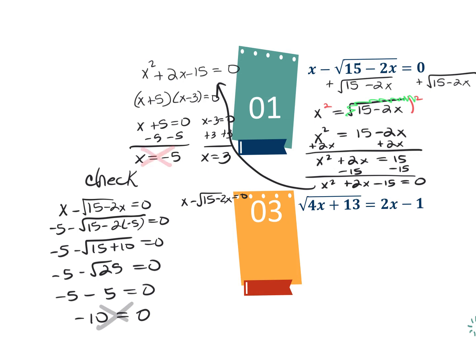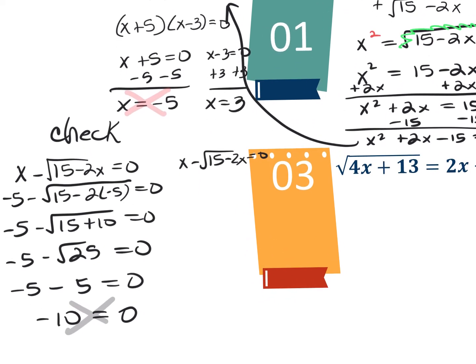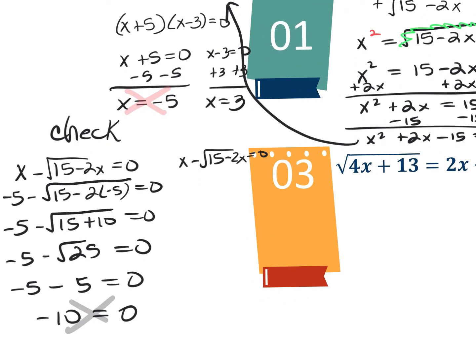Now let me plug in the positive 3. So I'll plug in 3 now for each of my x's here. 15 minus 2 times 3 under the radical. 2 times 3 is 6. 15 minus 6 is going to give me 9.